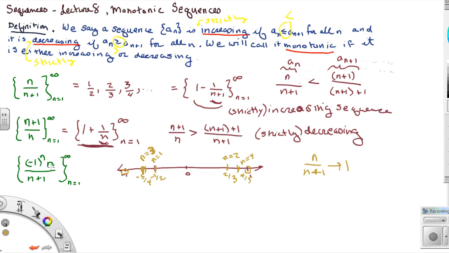First off, this is not monotonic at all. It's going back and forth. Secondly, it doesn't have a limit at all. Is it bounded? Yes, it is bounded. It's bounded below by negative 1, and bounded above by 1.